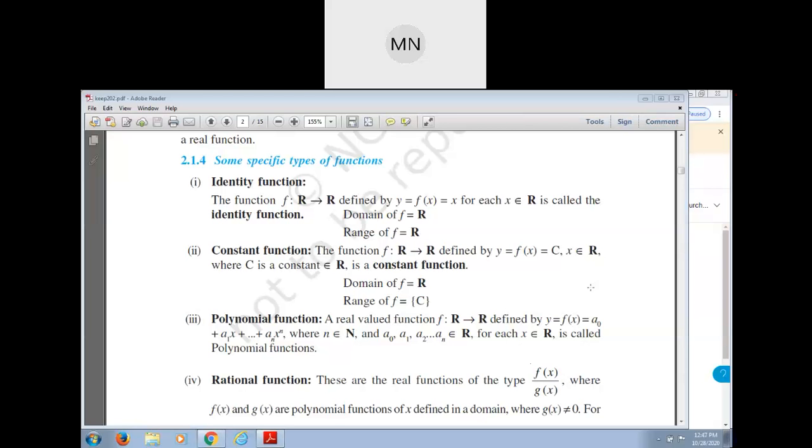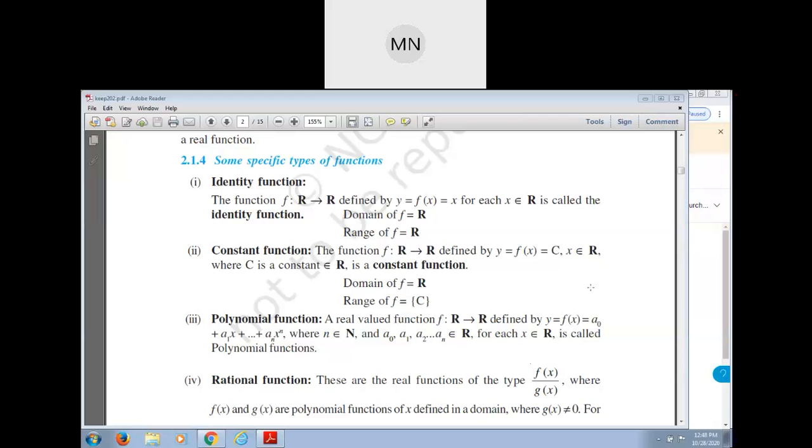Hello, hello. Yes, ma'am. Have you understood the function, domain of a function, range, and codomain of a function?